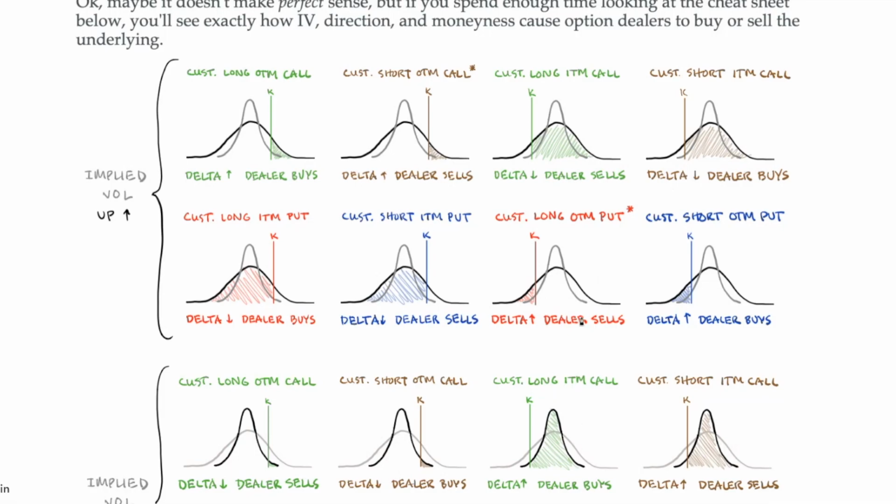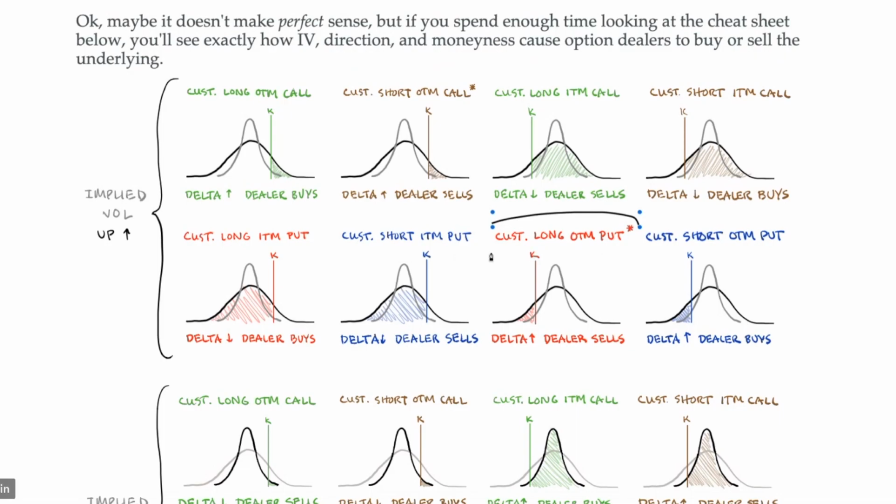If they're long out of the money puts, then we're going to be over here. And let's say that customers are long out of the money puts. Okay, so spot moves down, implied vols move up, and that means that dealers are going to sell. So they're going to lean into the selling. It makes sense because the put deltas are going up, and they're having to short more shares.